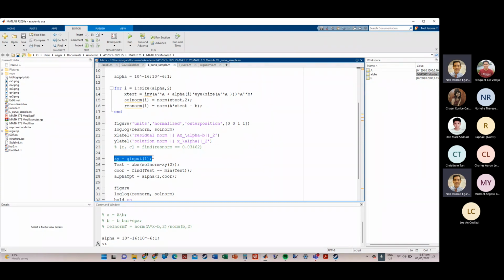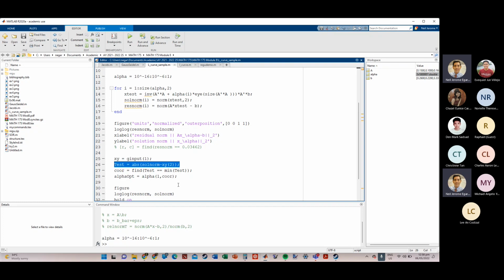Tapos, kapag alam na ni MATLAB ang kinlik ko, ang gagawin ng line 26, itetest niya ano yung pinakamalapit na point doon sa collection ng mga solution norm at saka residual norm ang magko-correspond doon sa kinlik ko na point. Kasi posible na yung maklik ko na point ay wala talaga doon sa L curve.